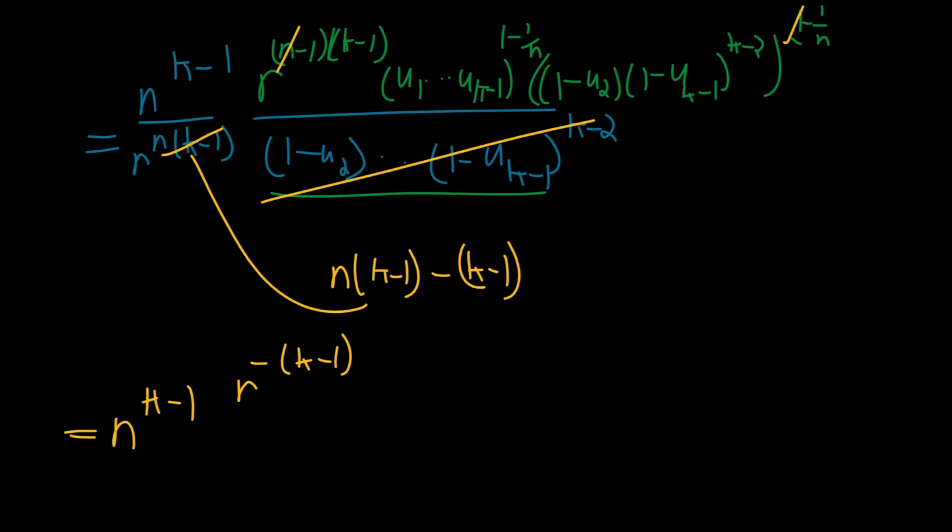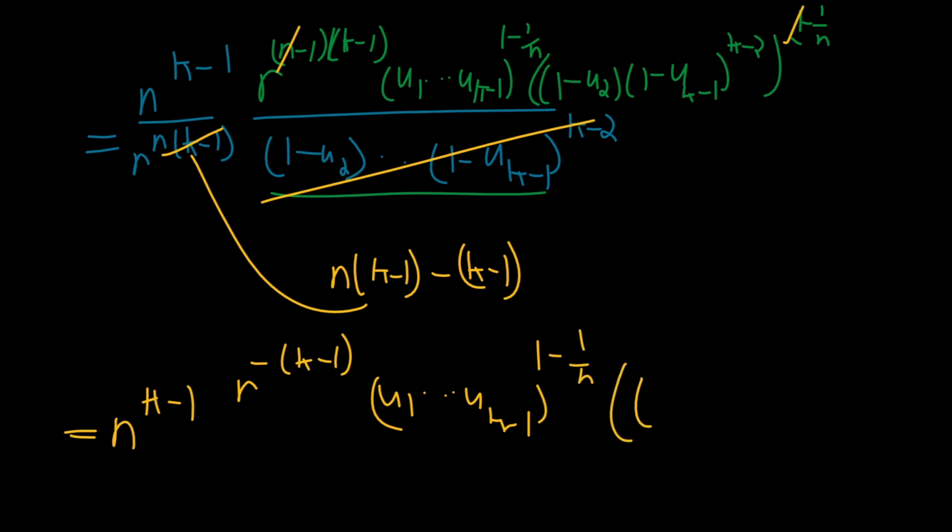And in our numerator, we just have, well, we have the denominator, actually. So then we just have u1 dot dot dot uk minus 1. I swear that's k minus 1, all right, please. 1 minus 1 over n, and then we have all of this right here.